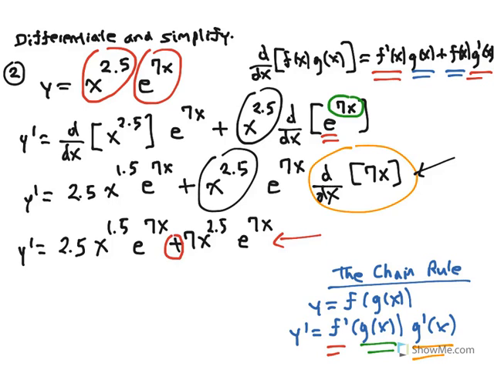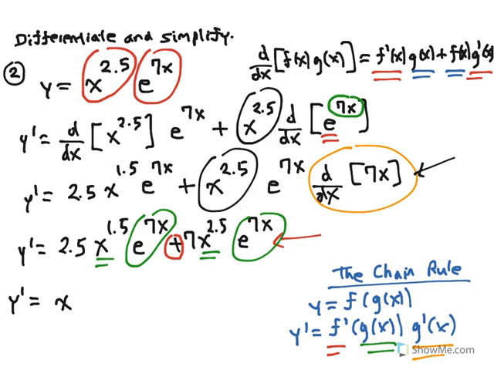Now we can simplify by recognizing that we have a sum of two terms, and we can see if there are any common factors that we can factor out. So for example, both terms have a common factor of e to the 7x, and both terms have a common factor of x to the 1.5 power.